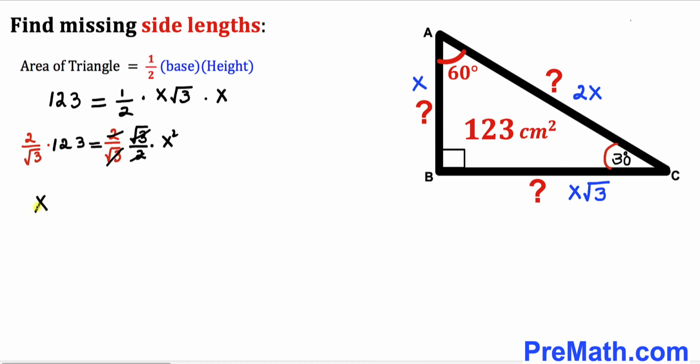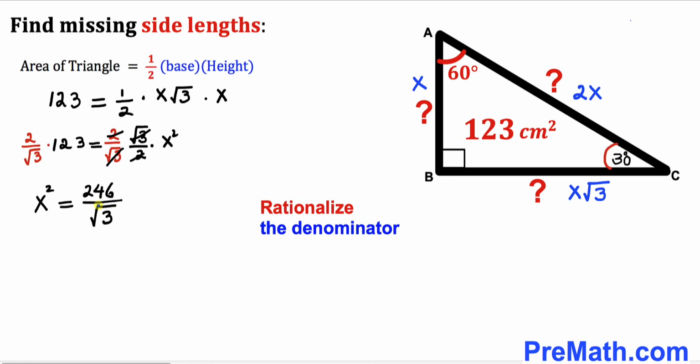So therefore, this x square is going to be equal to 2 times 123, which gives us 246 divided by the square root of 3. And now I am going to rationalize this denominator. So therefore, I'm going to multiply and divide by square root of 3 at the very same time. And here we can see at the denominator, square root of 3 times square root of 3 is going to be simply 3.